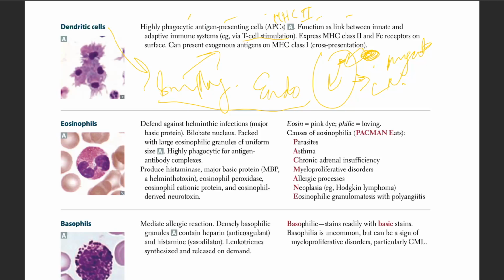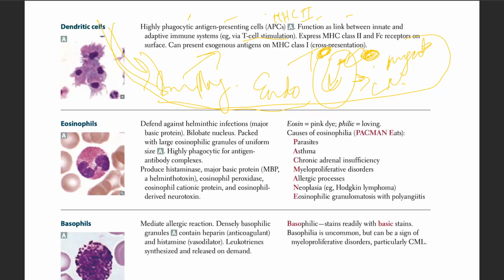From there, they display the same antigen they endocytosed and present it on their MHC class 2, where T and B cells both get stimulated. That's the same thing with all the APCs, but the difference is they're continuously walking and sampling.